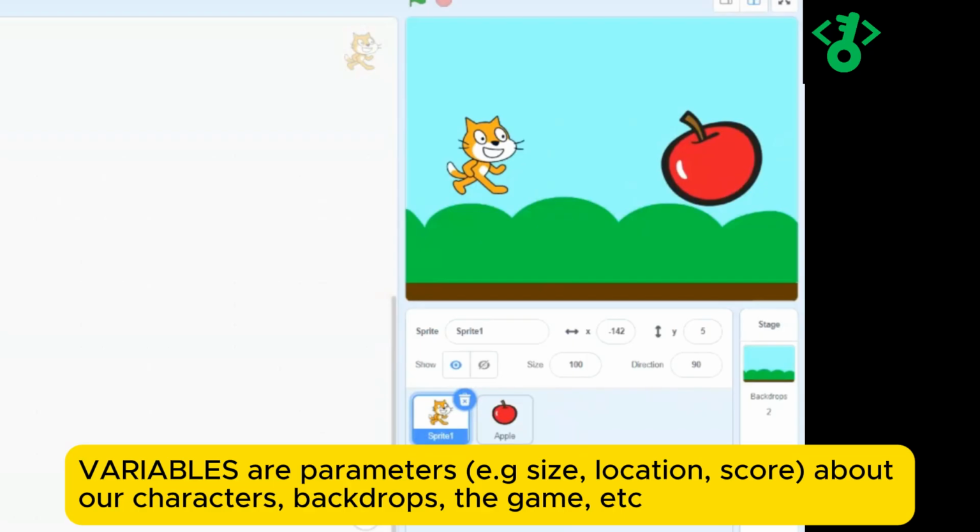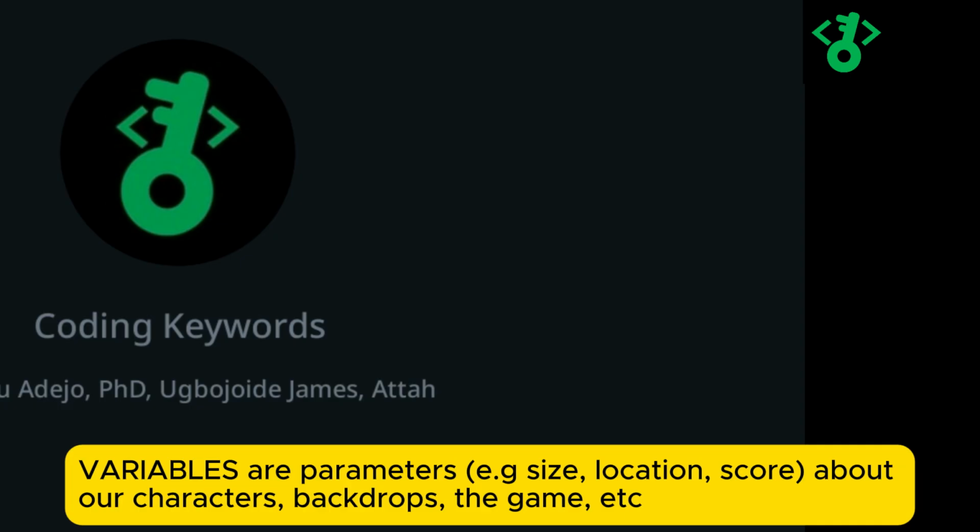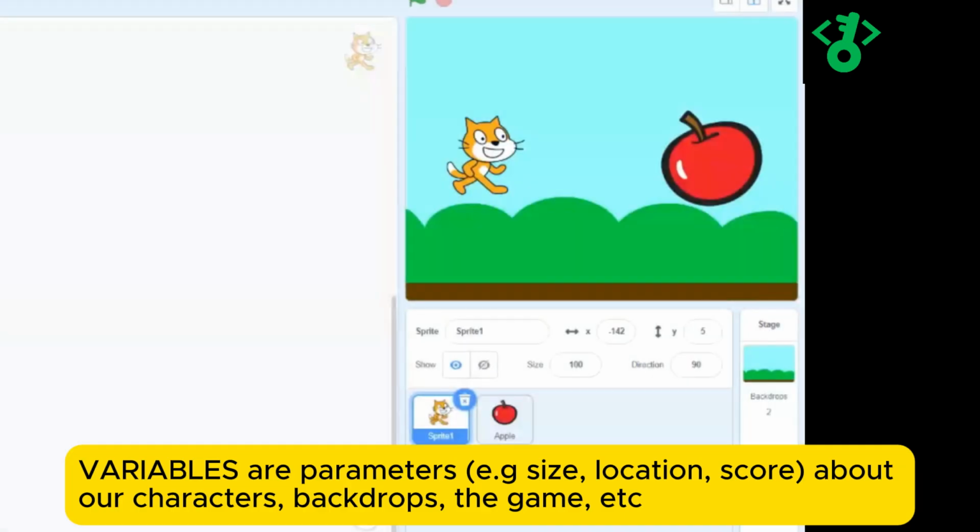So we see that at the first layer, we can say we have characters and backdrops. We can have the game. At another layer, we can say that these entities or objects have parameters, and we can track those parameters. We can take note of them. We can change them or alter them using variables.